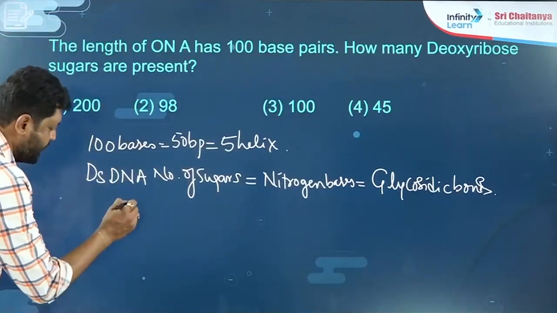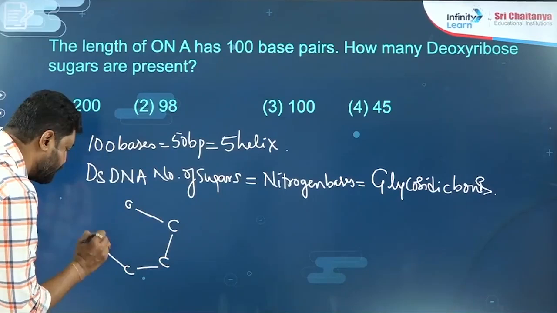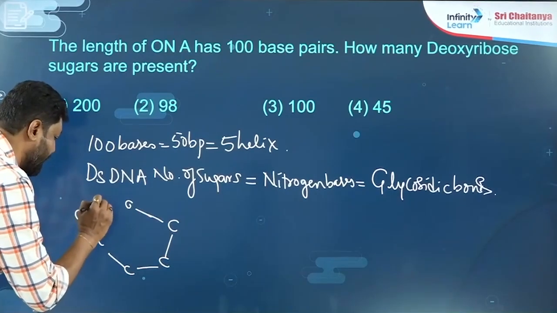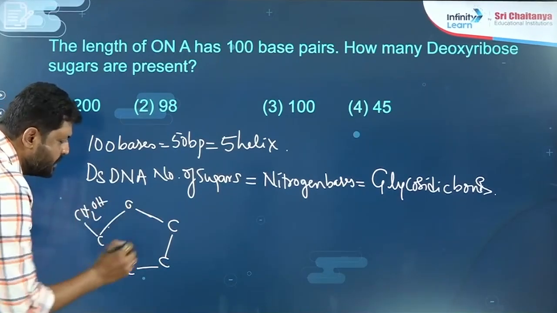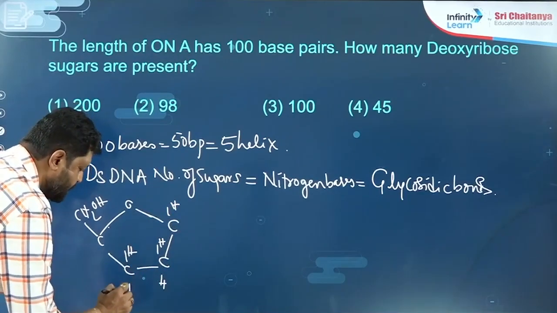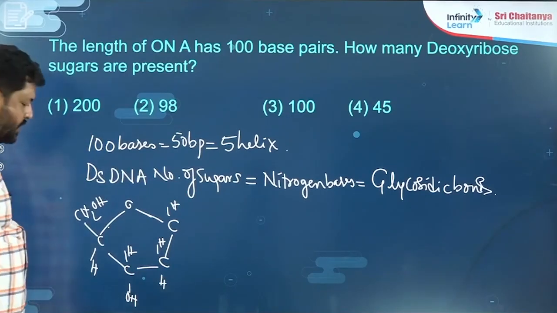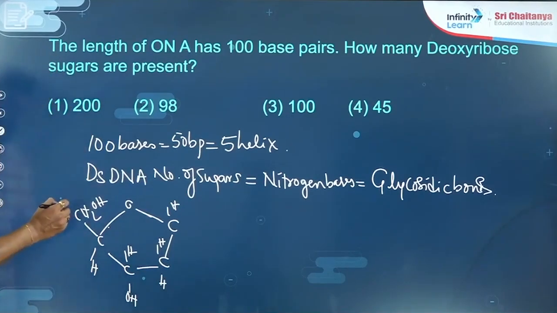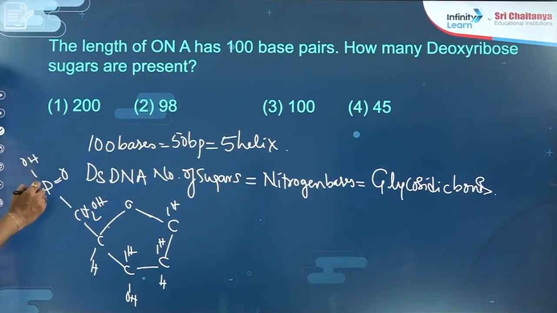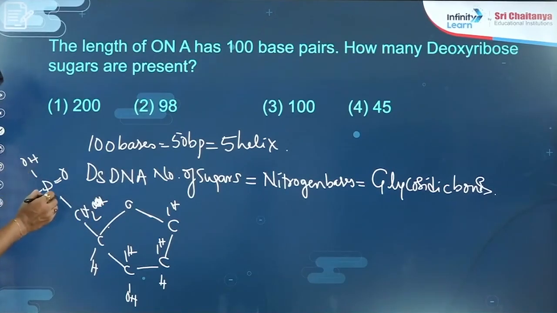Because if you take one pentose sugar, with carbons 1 2 3 4 5, and 5 CH2OH, H, OH, this is a sugar. If I add one phosphate group here, with a double bond, OH, then this OH and H will be removed, and one water molecule will be formed.